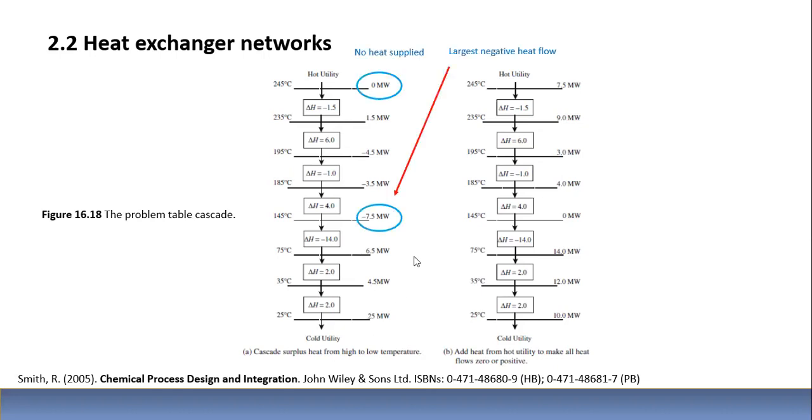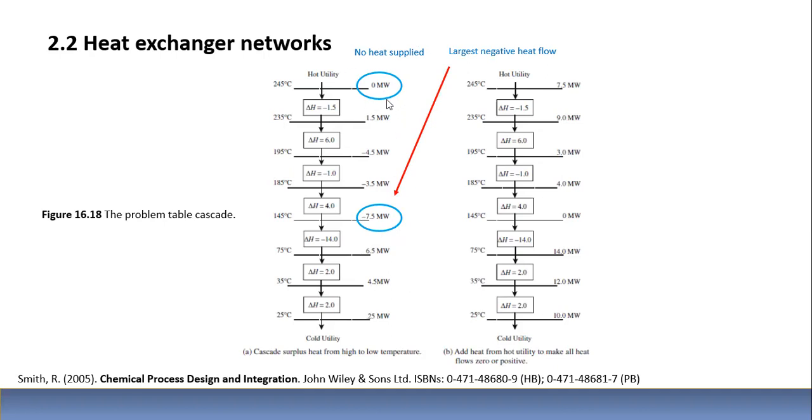So we mentioned that we have to be very careful in observing. First, on the table on the left, you always start with 0 megawatts at the very top. So you start simulating as if there were no heat supply. That's what you see there.